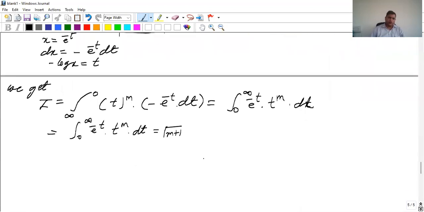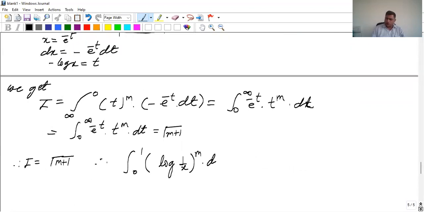So here we got I is equal to gamma of m plus 1. Actually we were solving the integral 0 to 1 log of 1 by x bracket raised to m dx, and this is going to be gamma of m plus 1.